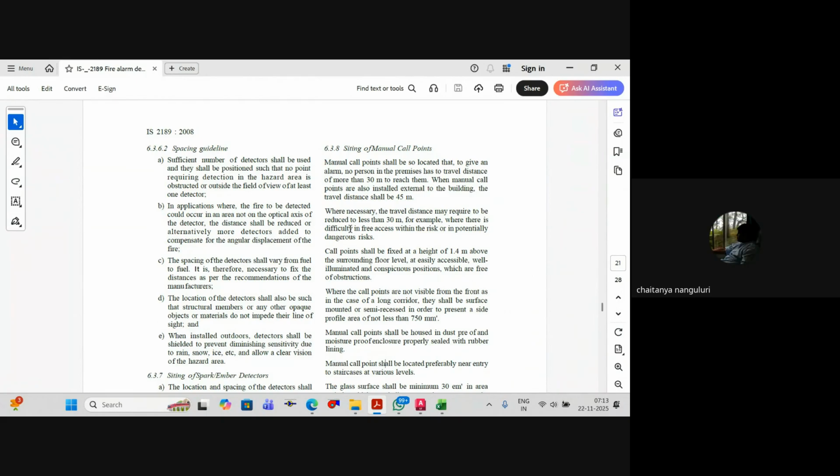No, not only at fire exit staircases, because fire exit staircase distances can go even up to 45 meters in case of a sprinklered building. But your MCP should be within 30 meters. It is independent of sprinklered or non-sprinklered building. Clear? Yes. Okay. In passive firefighting, when I explain about fire exit staircases, you'll be clear on that.